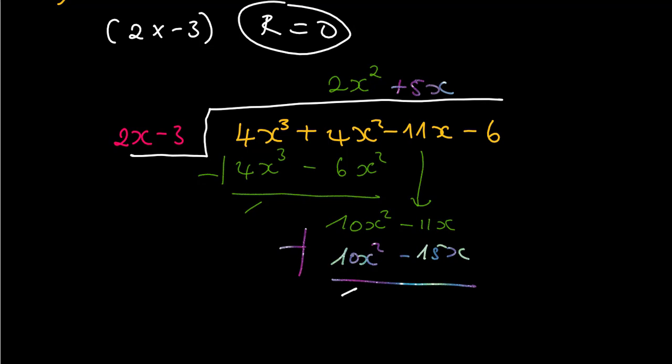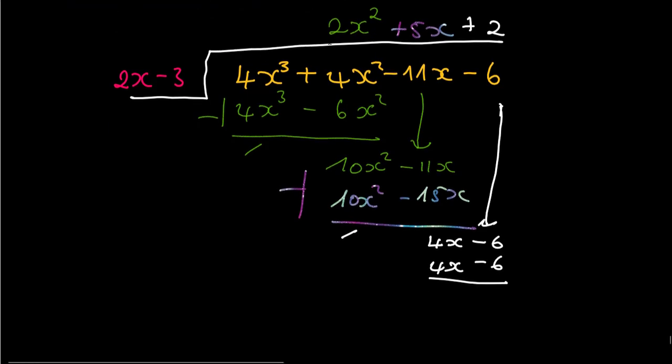Negative 11x minus negative 15x will give 4x. And so we bring down negative 6. 4x divided by 2x gives plus 2. 2 times 2x gives 4x, and 2 times negative 3 gives negative 6. From where we see that the remainder is 0.